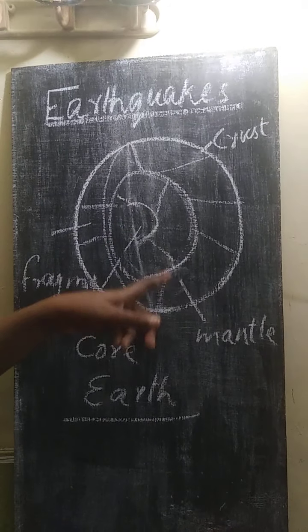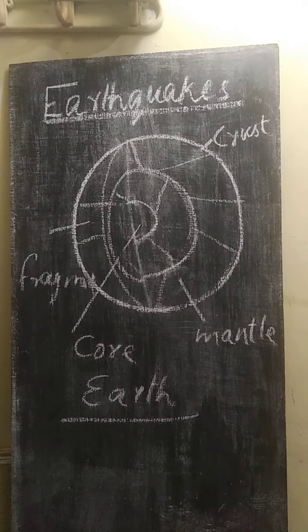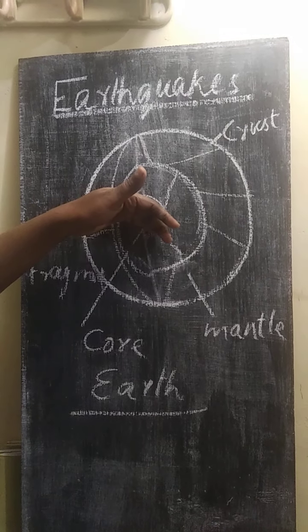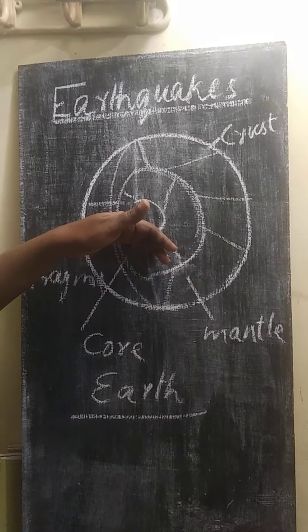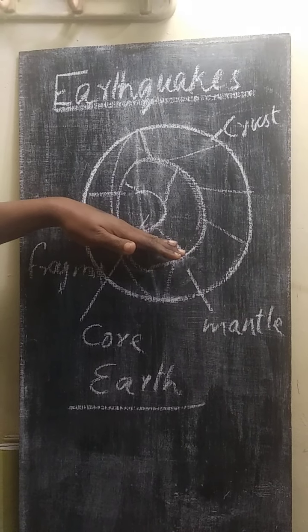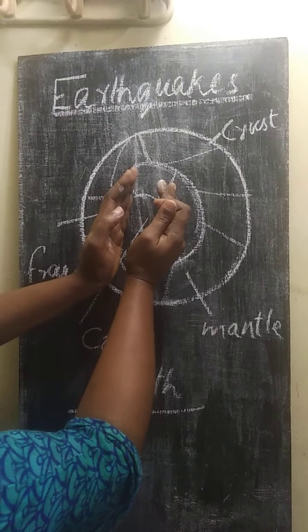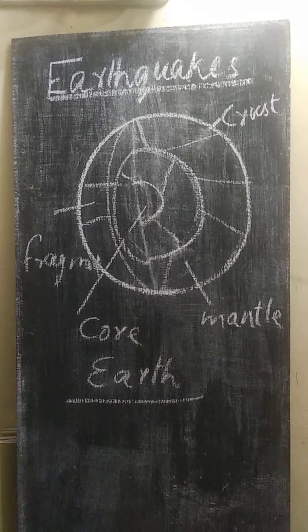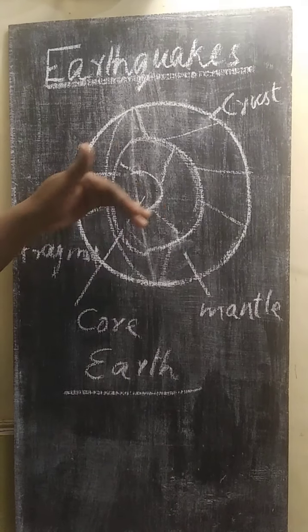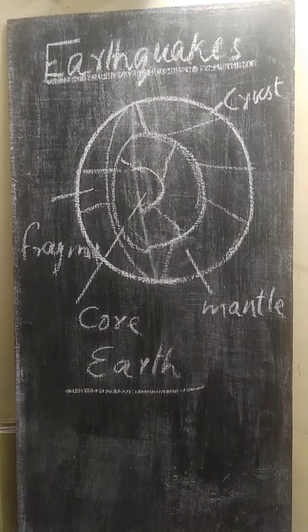Due to the rubbing of the plates of the earth, it can set up some waves that easily travel from the interior to the outer crust. These types of waves are called seismic waves.